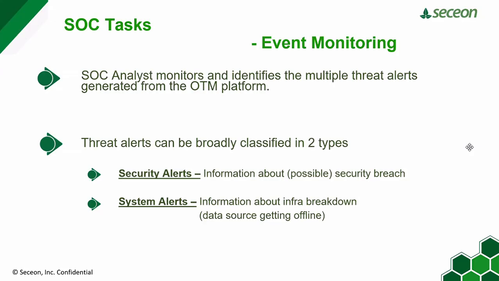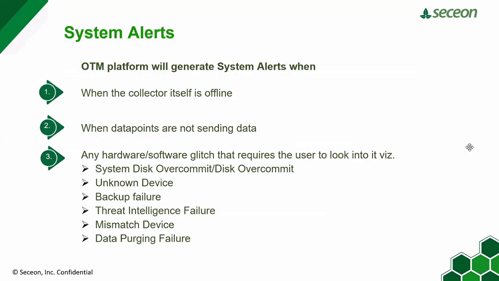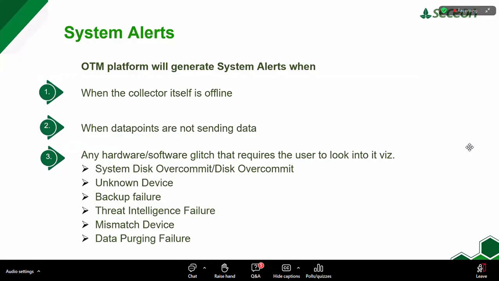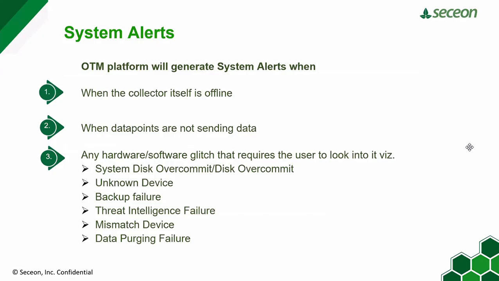So these are the things which need to be analyzed immediately, and corrective measures are to be taken. A platform will generally generate system alerts when the collector is not available. As I said, data points are not sending the data, or there is any hardware or software glitch, like system disk overcommit, unknown devices, backup failure. So there are multiple things which, as a SOC analyst, you have to keep an eye on and ensure that these glitches are resolved then and there.